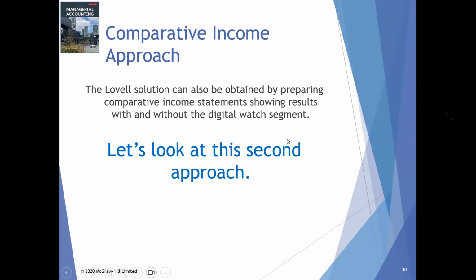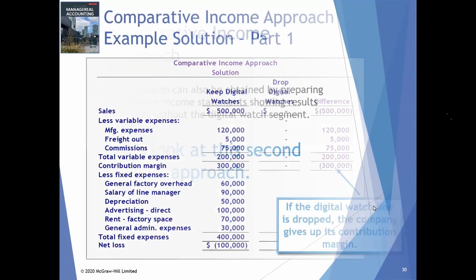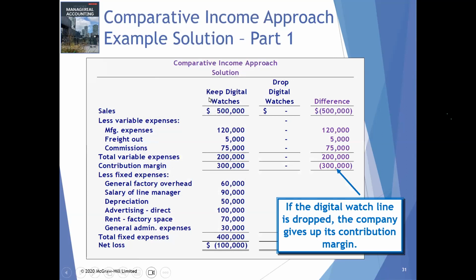Look at this second approach. We know this data is available. In one column we keep the watch, and in the second we drop the watch. We are going to make a comparison between these two.